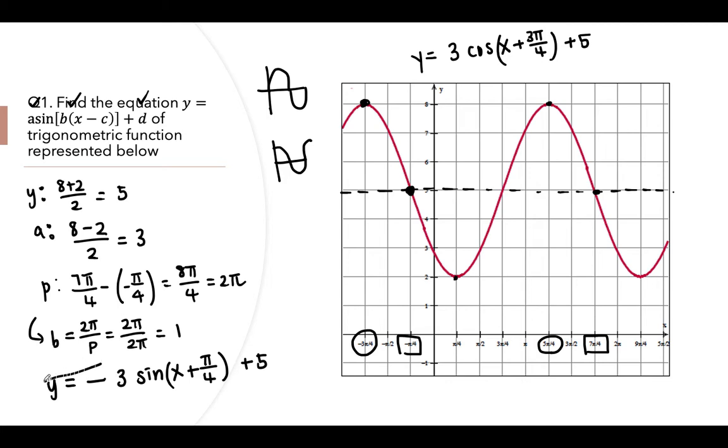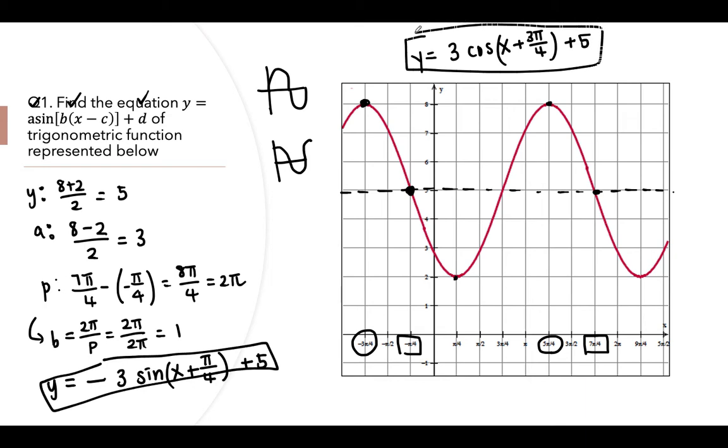So that is my final equation for sine and cosine. Now there's going to be many answers depending on what your phase shift is going to be. But for sure, there is only one answer for the A value, the D value, and the B value.